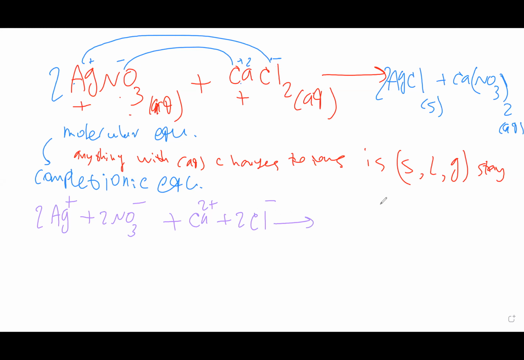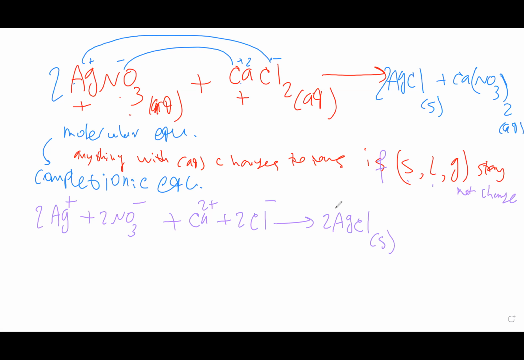And what about AgCl? What should I do with AgCl? Can I change it to ions? No, because it says if it is S, L, or G, it stays the same, does not change. So we don't change to ions, okay? If it's solid, liquid, or gas, it is not going to change to ions.